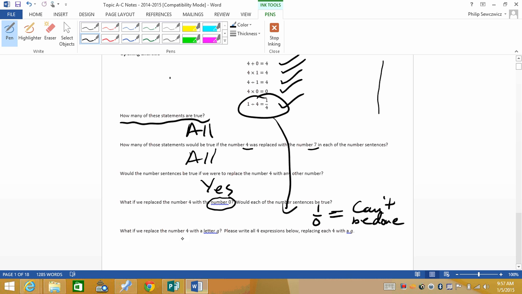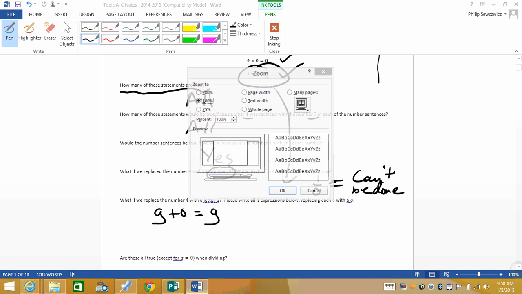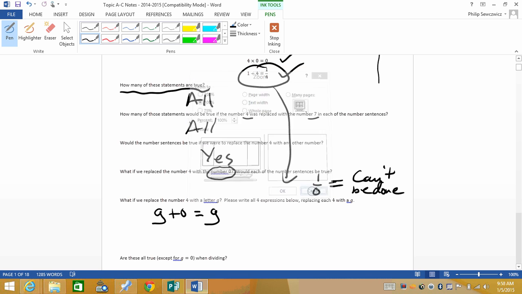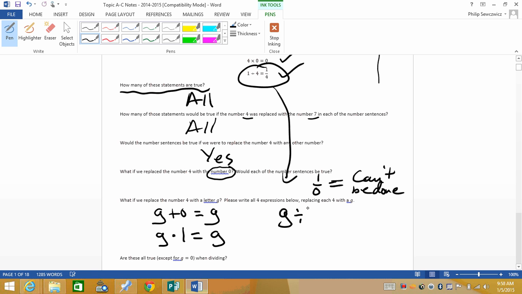So if we replace the number 4 with a letter G, please write all 4 expressions. The idea is if we took G and added a 0 onto it, it's not going to change. Adding 0 onto something doesn't change the value. Multiplying something by 1 does not change the value. Dividing something by 1 does not change the value.